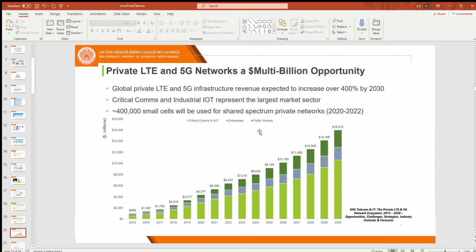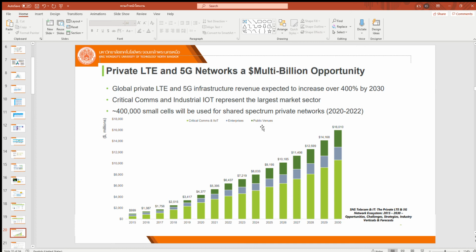And there are many kinds of companies around the world that use private networks. A long time ago they used private LTE networks, and now with the upcoming 5G, they can use 5G simulation model networks or a 5G core network in industry.